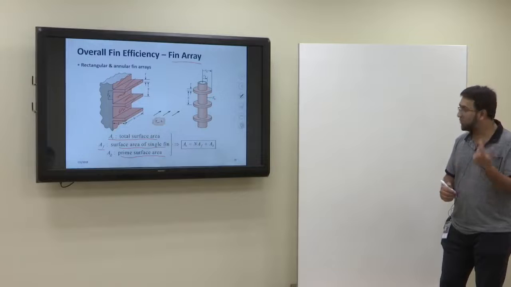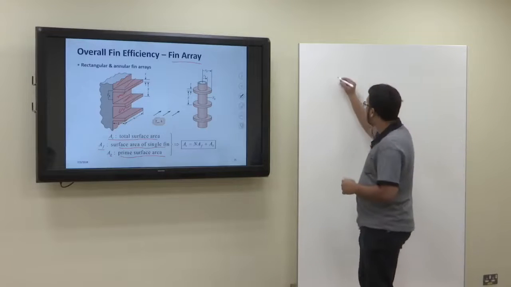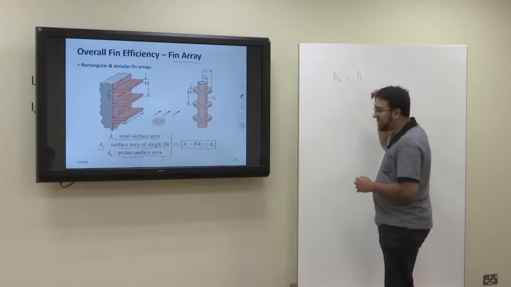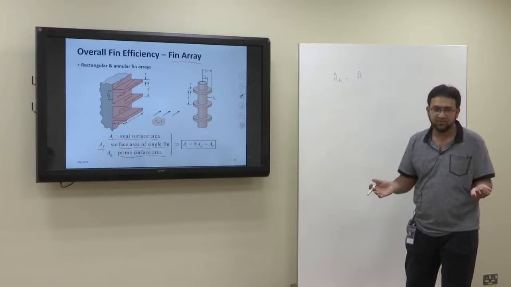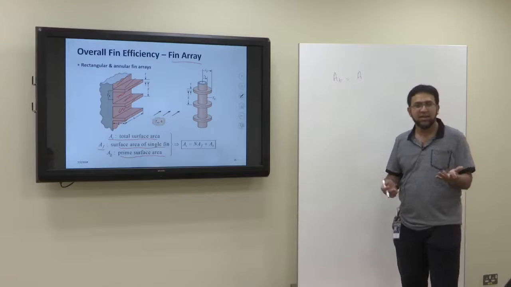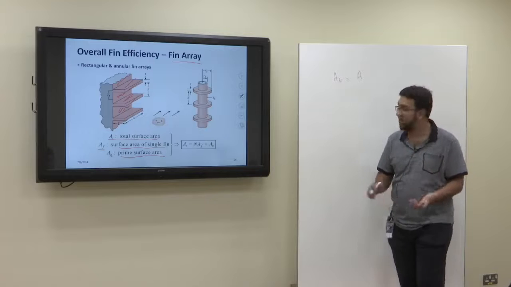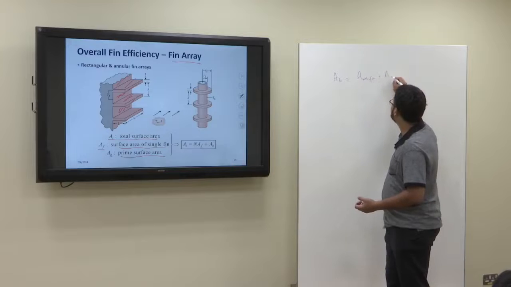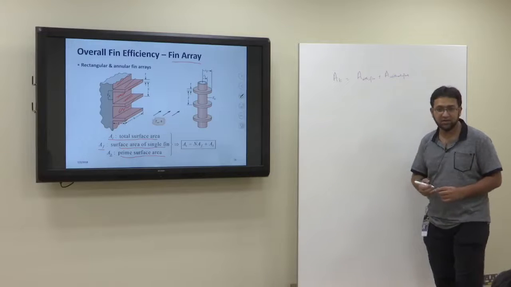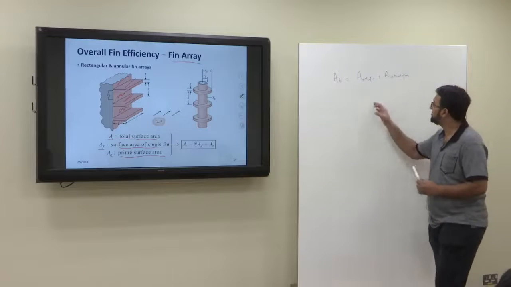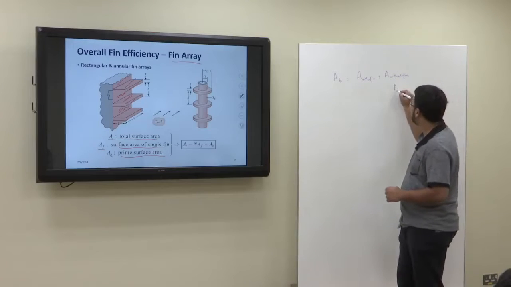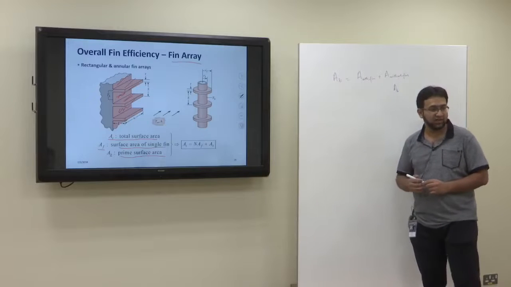So the total area is equal to area with fins plus area without fins. The area without fins is AB, the prime base surface area.